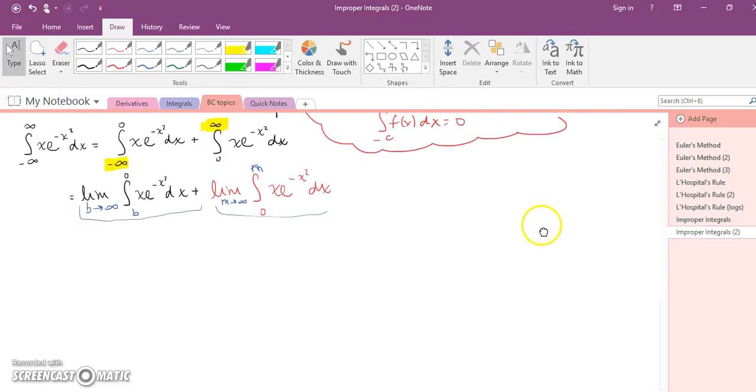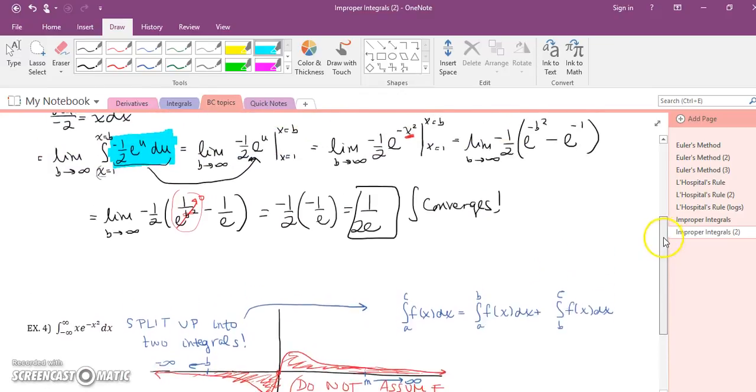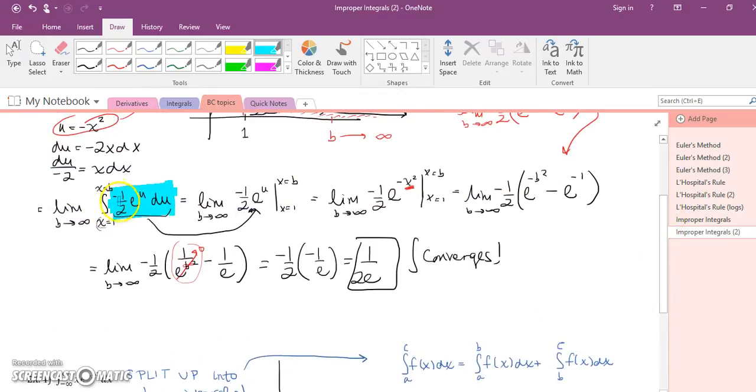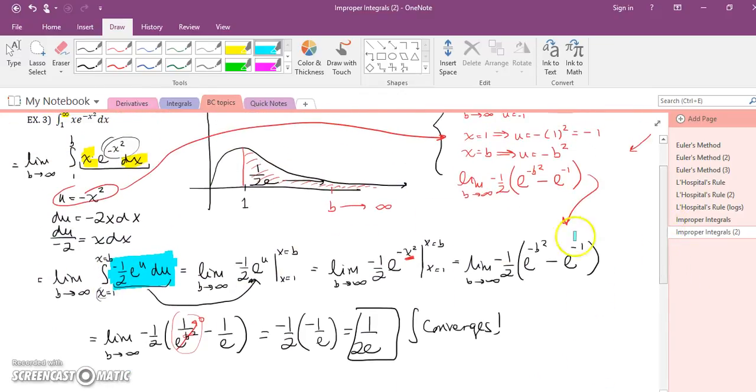Now, again, we already know what this antiderivative is. Let's not do more work than we have to. Let's just go right up here and see that when I did this same exact problem, the same integrand, I ended up with negative 1/2 e to the negative x squared, going from the lower to the upper limit of integration.